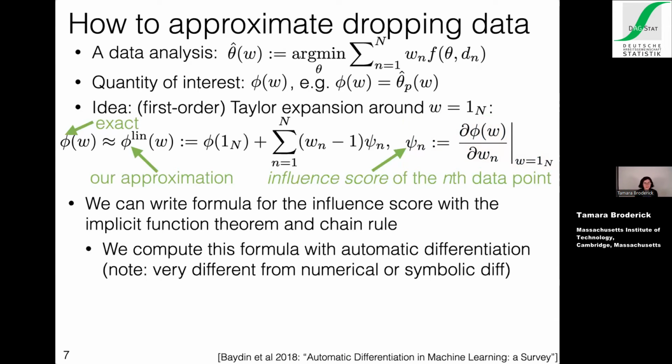Automatic differentiation has really revolutionized a lot of computing in both statistics and machine learning over the past decade. There's this fantastic survey, just in case you haven't seen it, by Baydin et al. 2018, automatic differentiation in machine learning, and it gives you a real sense of how things have changed thanks to these tools.